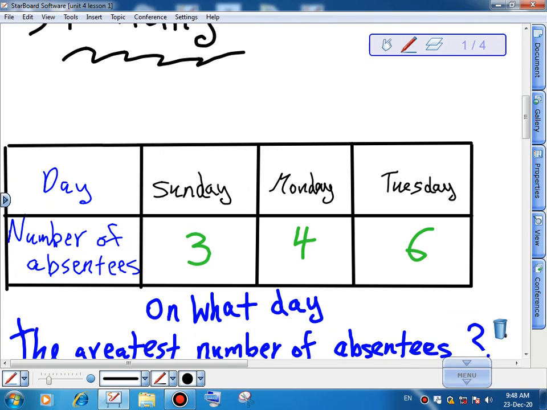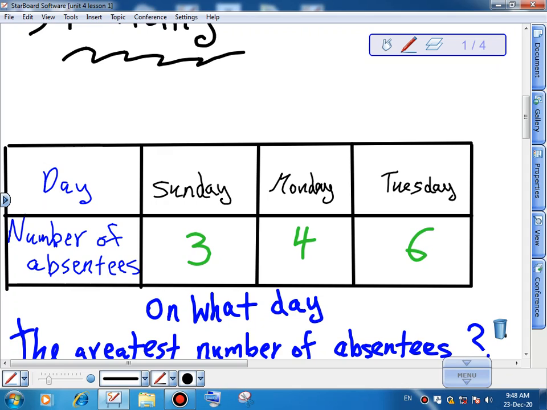If I need to take the absentees in my class in a week, we record these absentees in this table like this. The first one, the day, Sunday, Monday, Tuesday, and the number of absentees: the first day 3, second day 4, the third day 6.